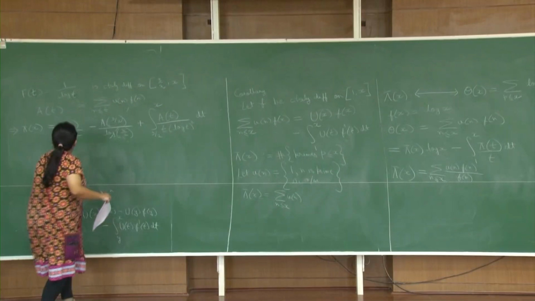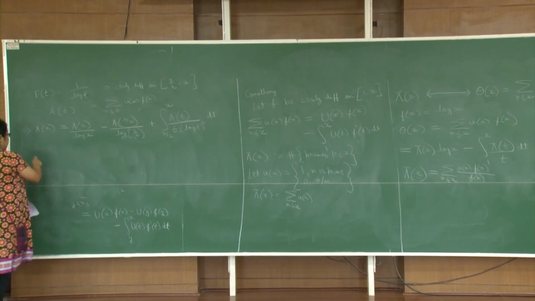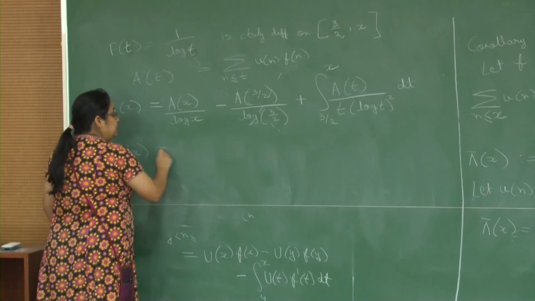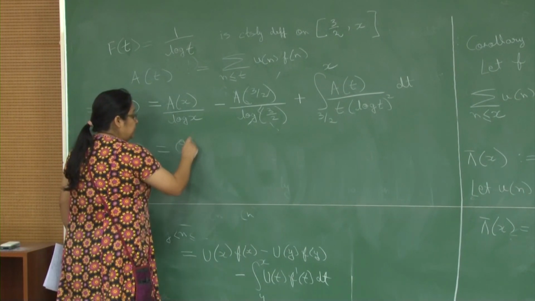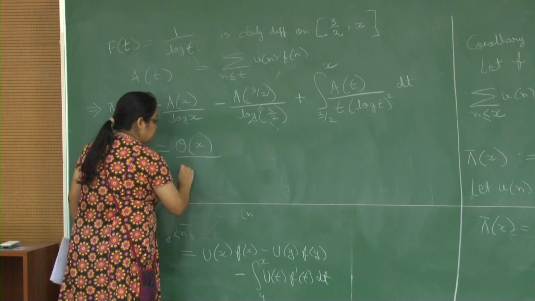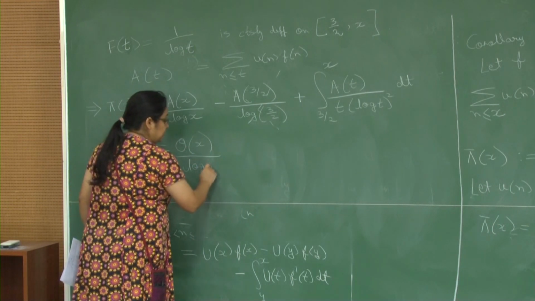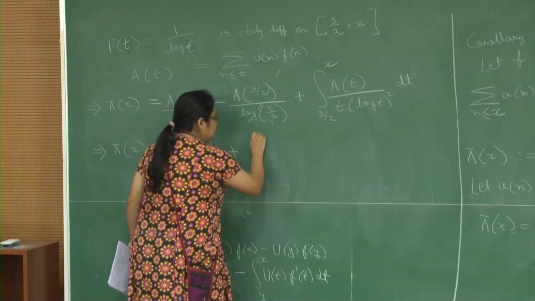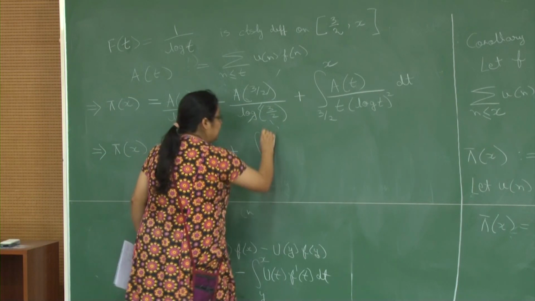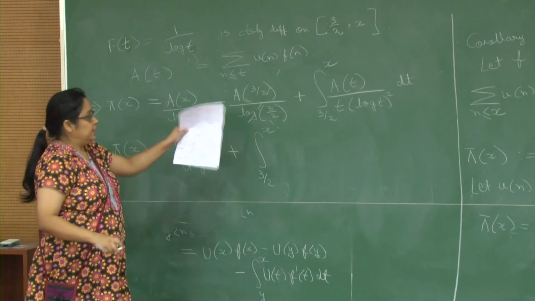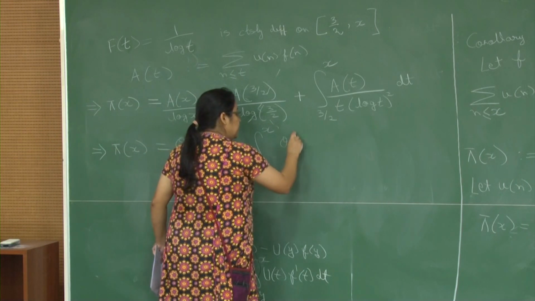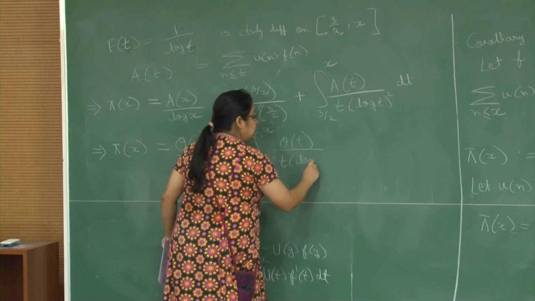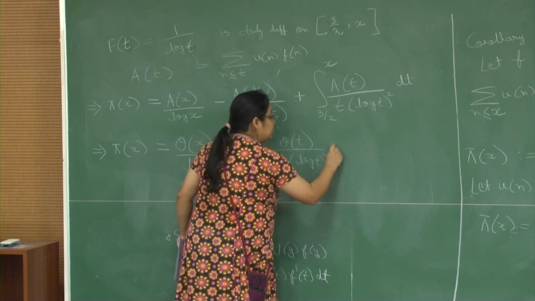So, what you end up getting is that pi of x is equal to theta of x over log x, minus, plus this is just 0, the integral from 3 by 2 to x of theta of t over t (log t) whole square dt.